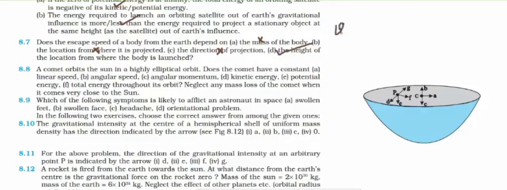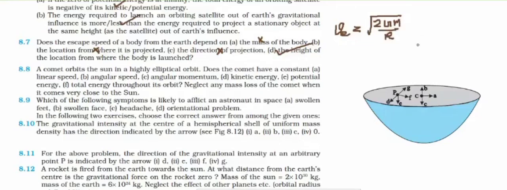Because escape velocity formula, v is equal to under root 2GM by r.